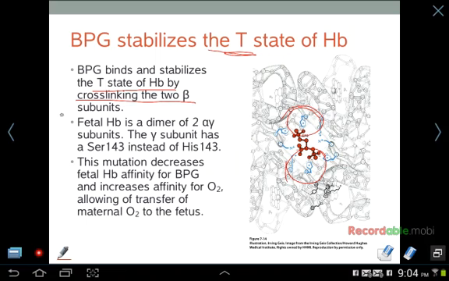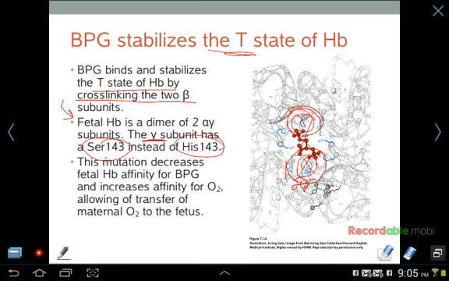What's interesting is fetal hemoglobin is a dimer of 2-alpha gamma instead of beta. Now, the difference in gamma is that it has a serine 143 instead of a histidine 143. So by disrupting these histidines in the beta subunits to serines, we disrupt the BPG binding.